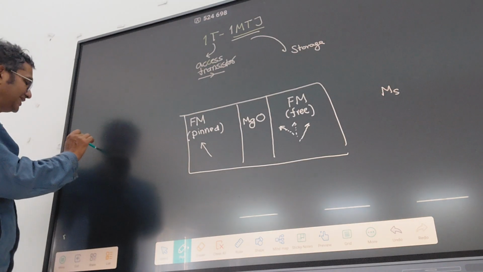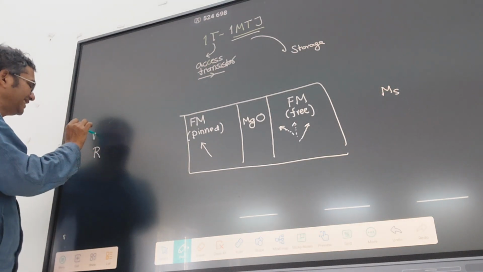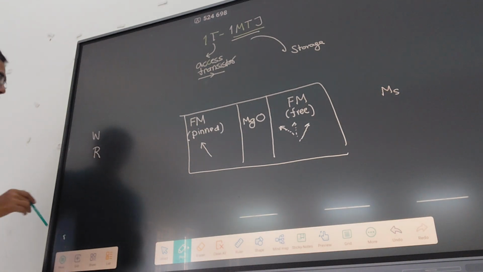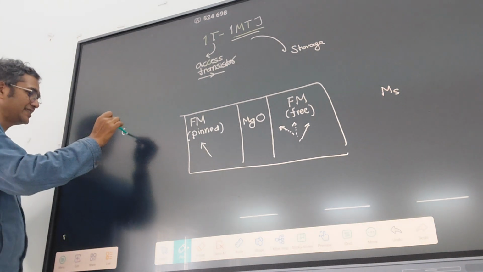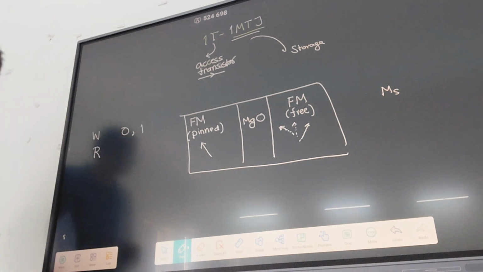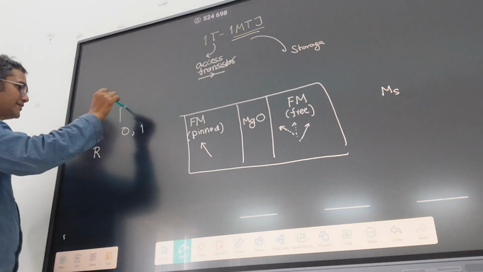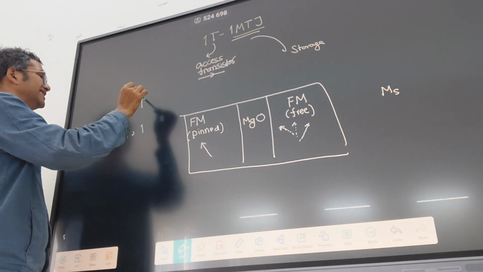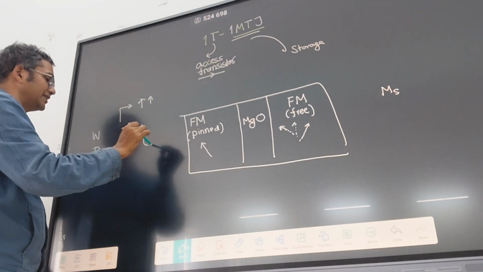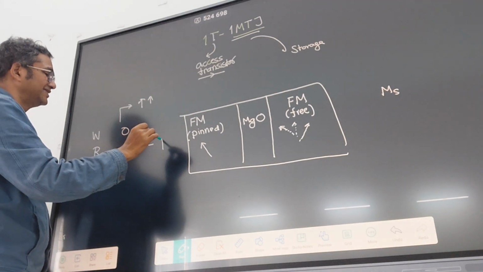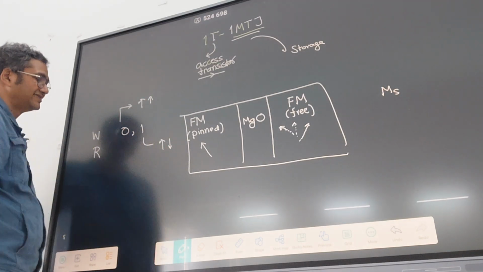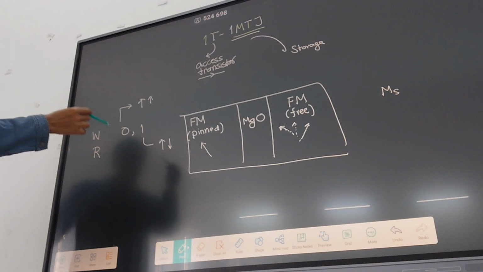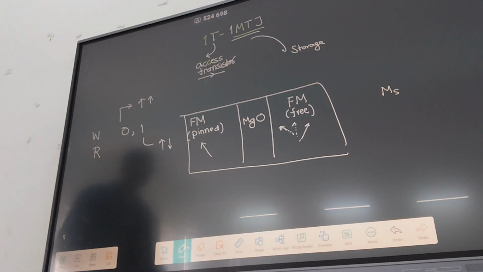So the writing and reading, both of them will occur in terms of bytes, 0 and 1. Okay. 0 is where the resistance are parallel. 1 is where the resistance are anti-parallel. Oh, I mean the spins are anti-parallel.